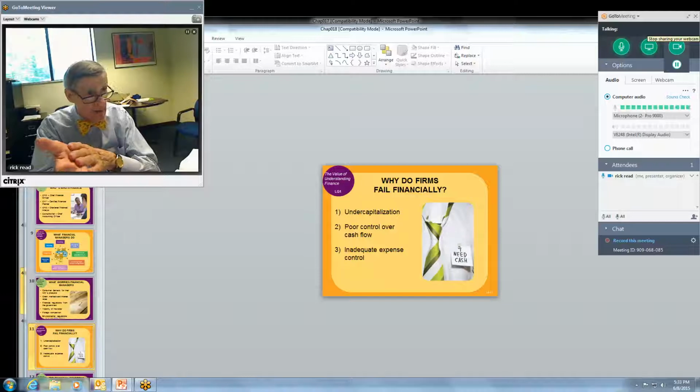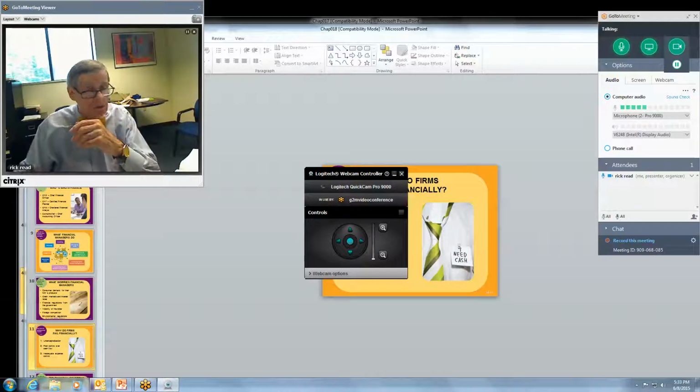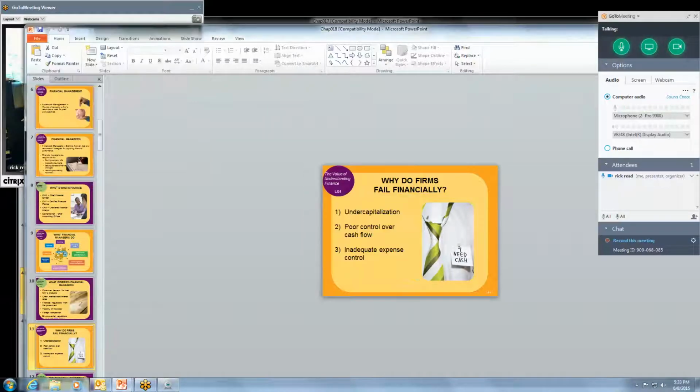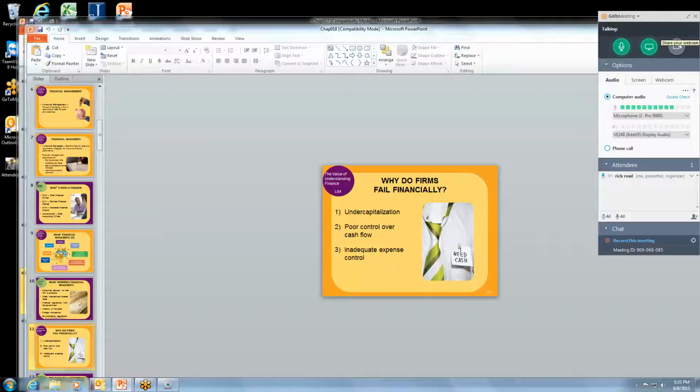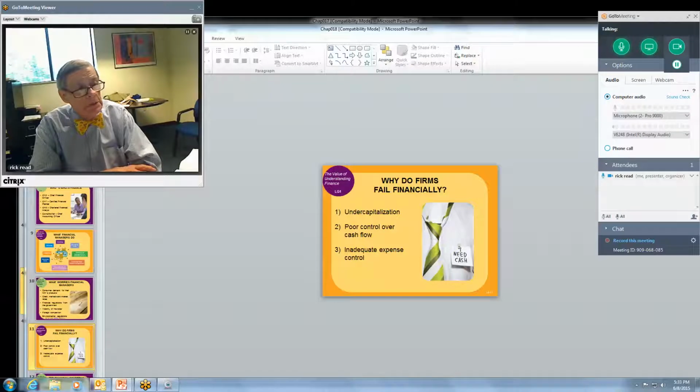So not having enough money, under capitalization, not having good controls over money coming in and going out, and then we don't control expenses very well. And so we don't have a good record of what we're spending and why we're spending it and things of that nature.